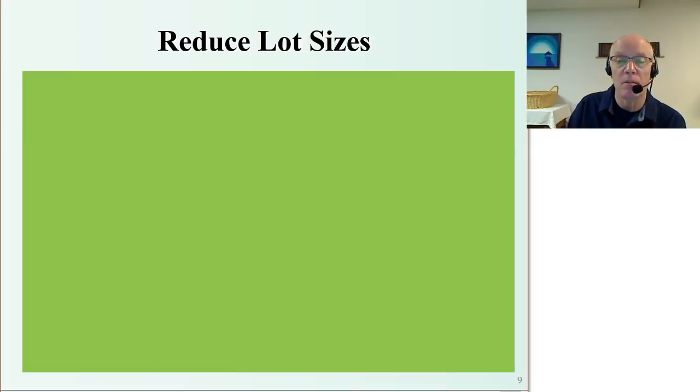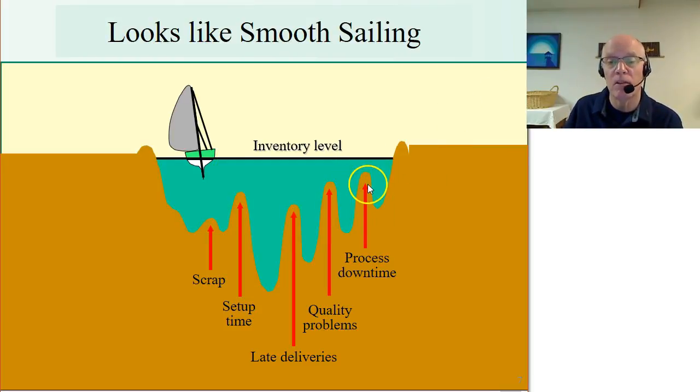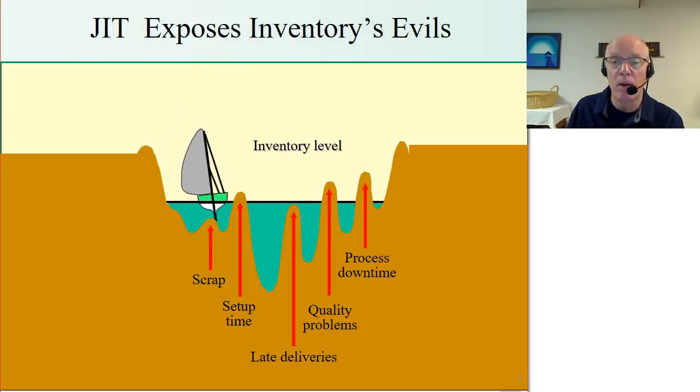But in the meantime, work on process downtime. Lower this peak. And then I know quality problems are my number two issue. I can do that. Then I reduce my inventory level again, and these bumps are not in my way. So now I can focus on others.